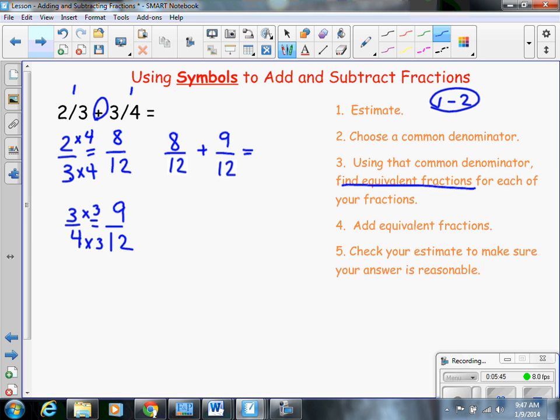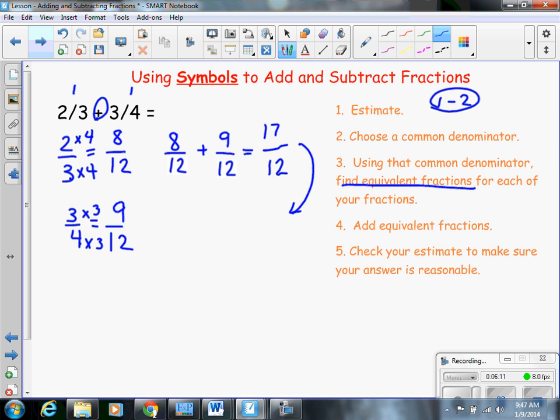All right, so our next step is to add those together. So our denominator is 12. Add up 8 plus 9, and I get 17. Right now, that's an improper fraction. So to make that a mixed number, we can do this.